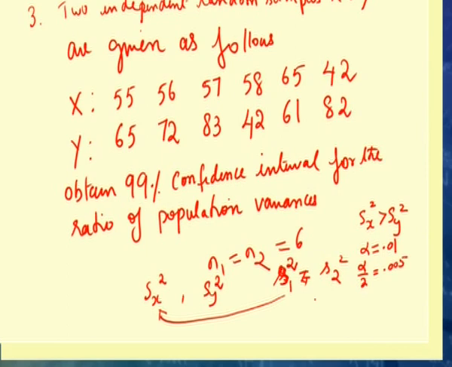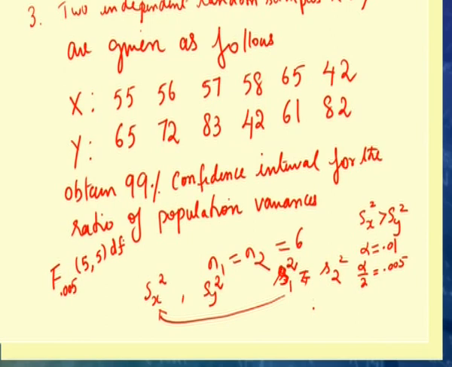So you have to refer to the F table for F alpha by 2, that is 0.005, with 5,5 degrees of freedom.